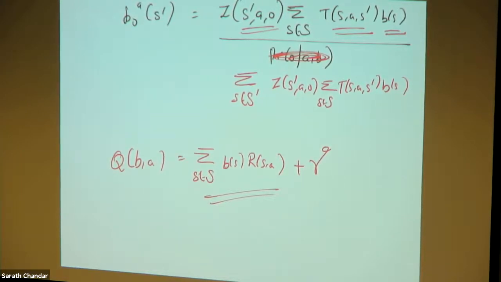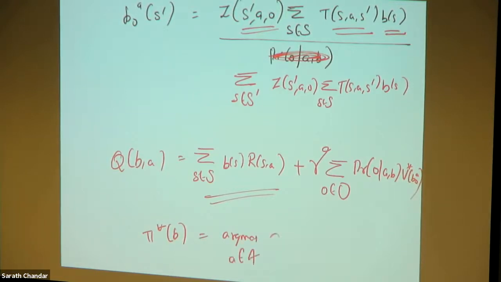So we have to integrate over things: the summation over O belonging to capital O of the probability of O given A, B, times V star of B^O_A. So B^O_A will give you the next belief state. Is that clear? Now the pi star of B is given as the argmax over A belonging to capital A of Q of B, comma A.